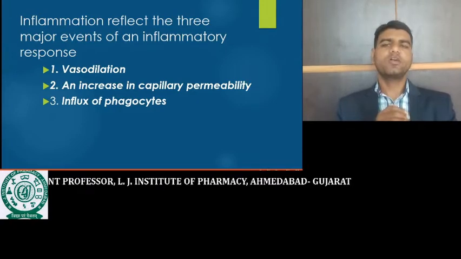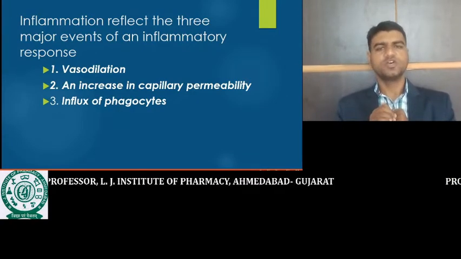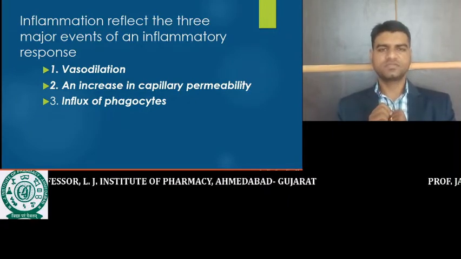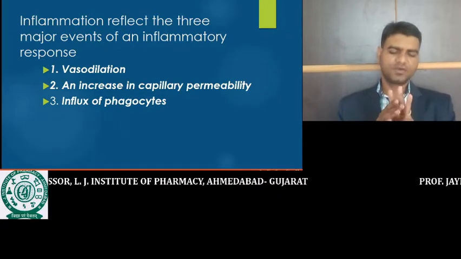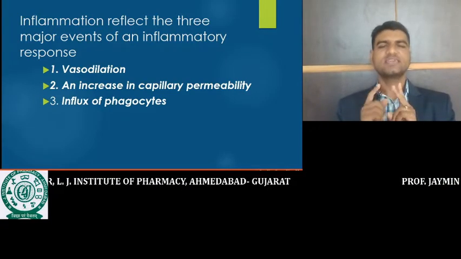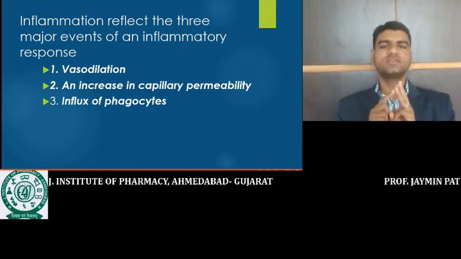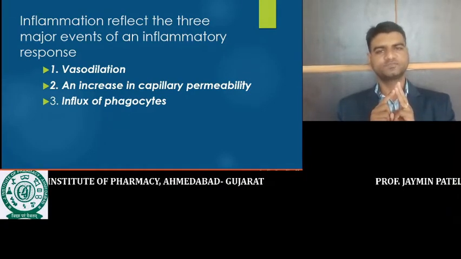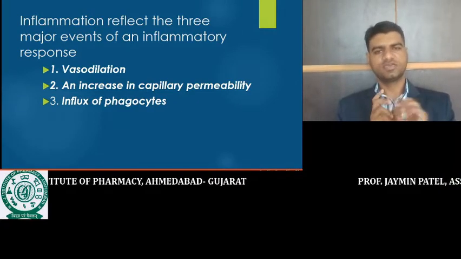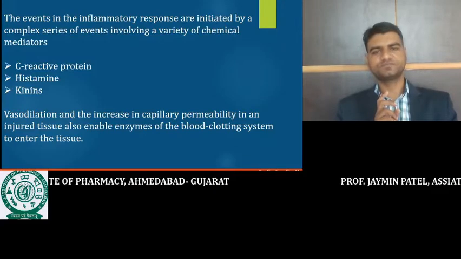Now if we talk about the steps of inflammation, the mechanism of inflammation: inflammation is a three-step process. The first one is vasodilation, the second one is increase in capillary permeability, and the third one is influx of phagocytes. How these three steps occur, we will understand from this picture.